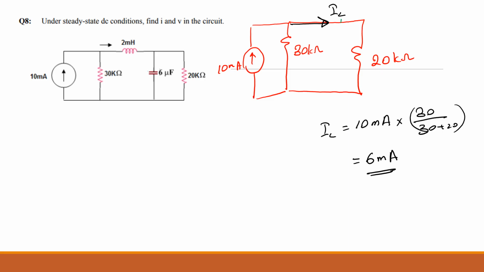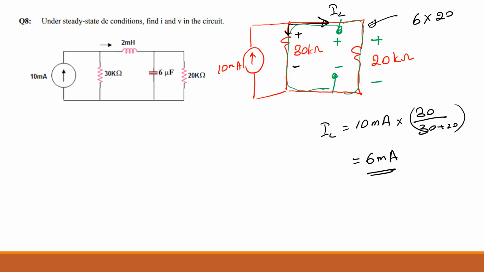Now, where is the voltage? Voltage is across these 2 points, am I right? So you can either do this or do this. Both the paths should give you the same voltage. And the current is going this way, so this is also this way. So if you find this from this side, that will be current times the resistance, which is 6 times 20, but the kilo and kilo, you need to convert the unit.